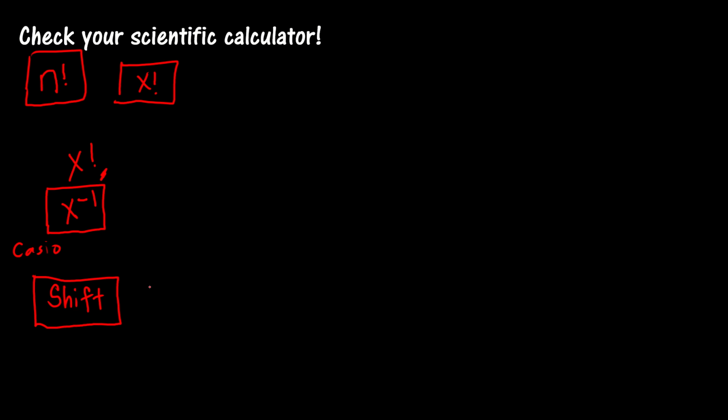After pressing shift, ang susunod nyo pipindutin ay yung button na sinabi ko na kanina, yung x raised to negative 1, kung ang nasa taas niya ay si x factorial ha.